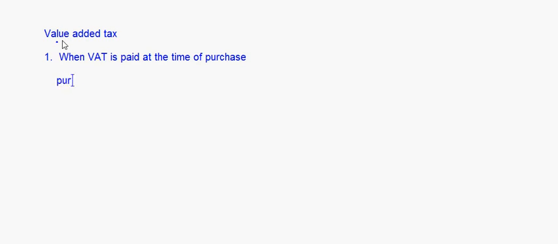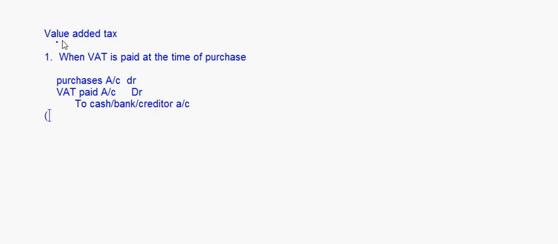Now here it is purchases account debit. Purchases account is debited. Whatever value added tax you are paying, that is VAT paid account, will be debited, right? And to cash account or bank account or creditor account, right?